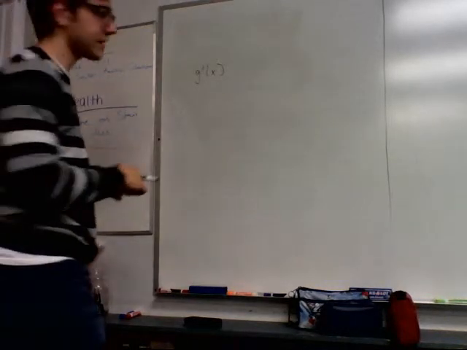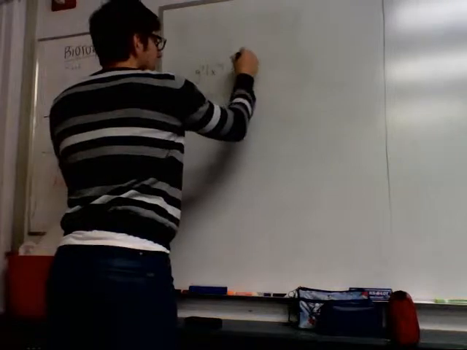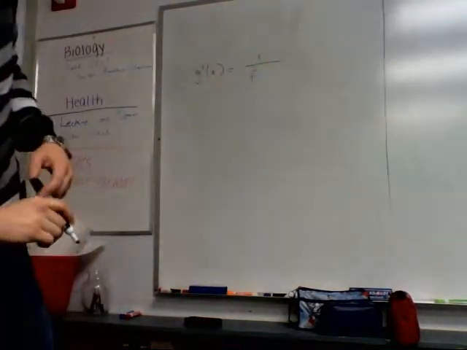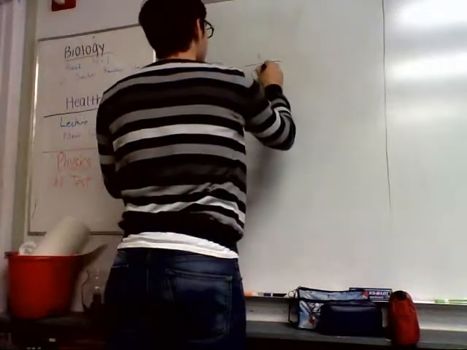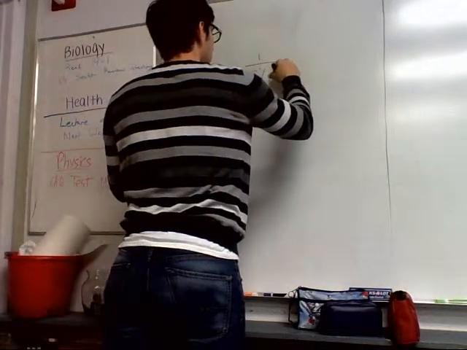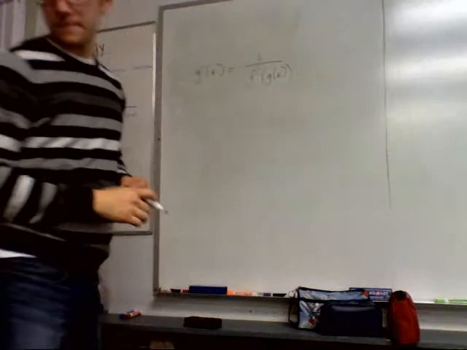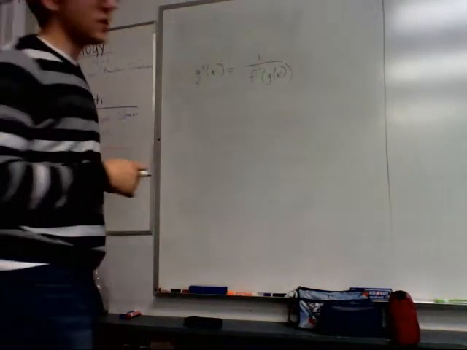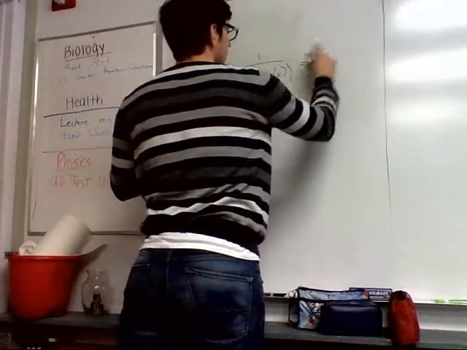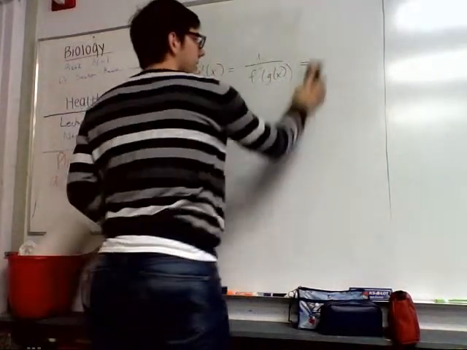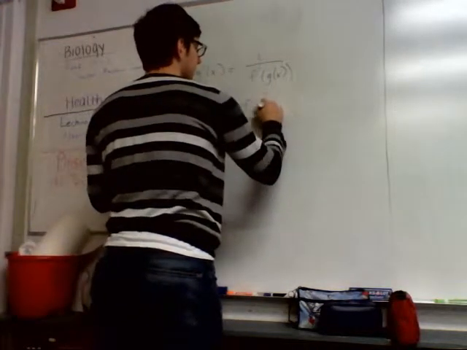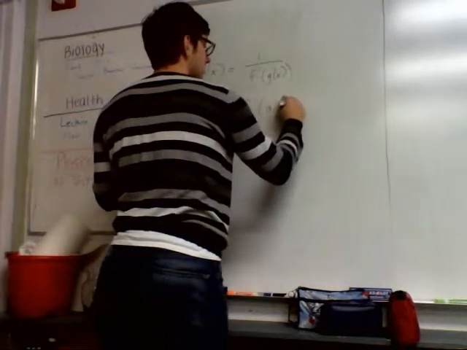So g prime of x is equal to 1 over f prime of g of x, where f prime of g of x cannot equal 0.